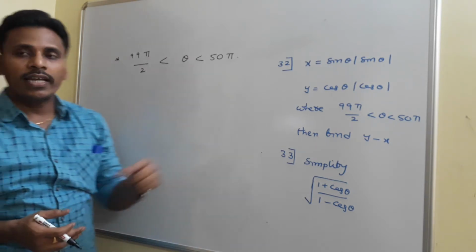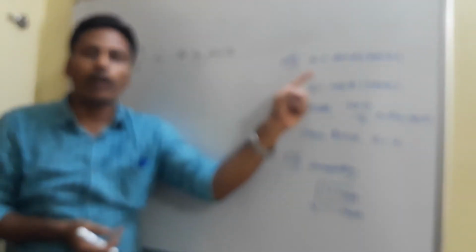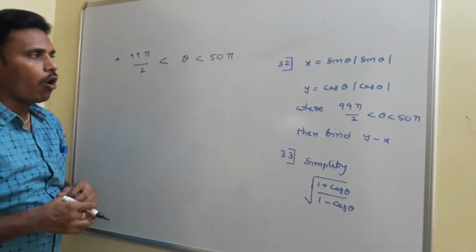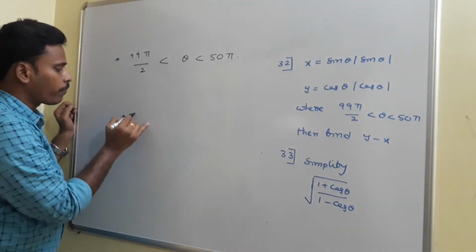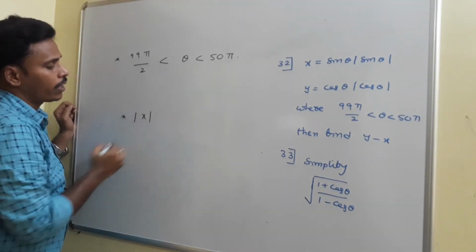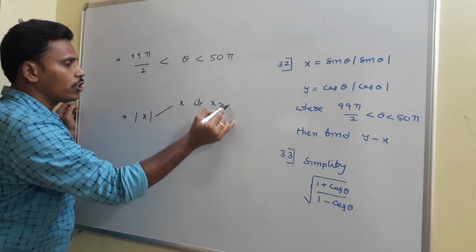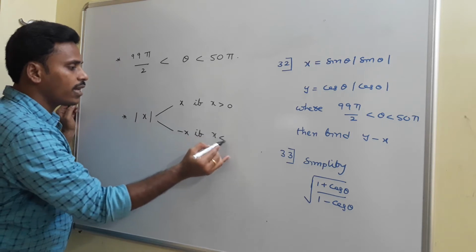Right. Here x involves sin theta into mod sin theta, y involves cos theta into mod cos theta. You need to recall the definition of modulus. I already told you in some other class, modulus of x is just nothing but x if x is greater than 0, and this is minus x if x is less than 0.